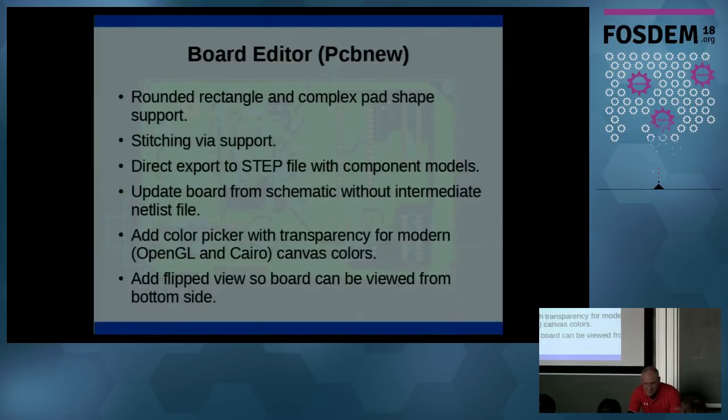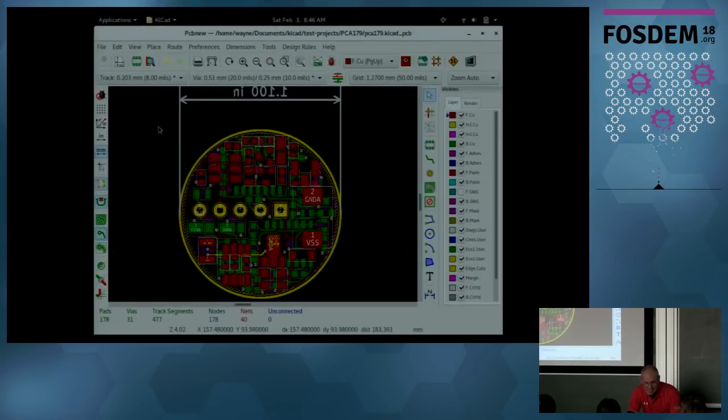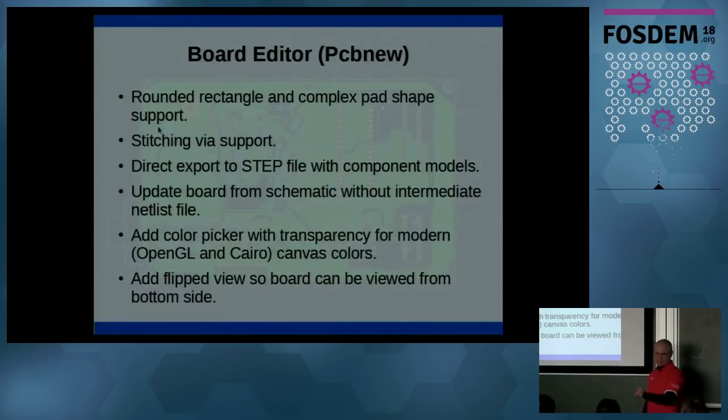One of the things that you'll find that's nice here that I'm not going to be able to show because of the single view, we can now export directly to STEP file. In the past, it's been a third-party tool. We now do direct export to STEP. So when you export your board, if you have STEP models, it works one of two ways.